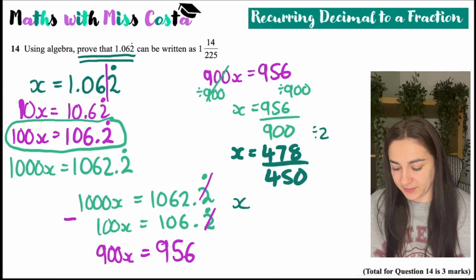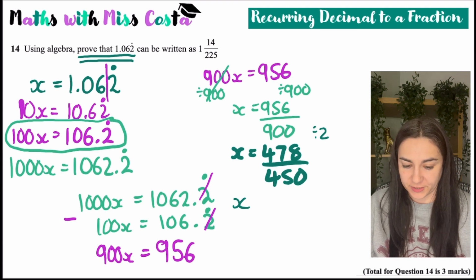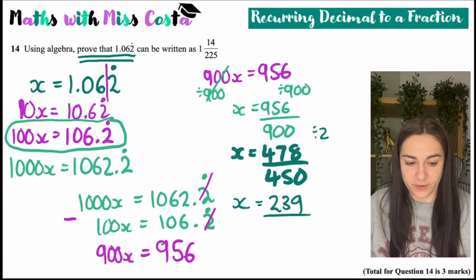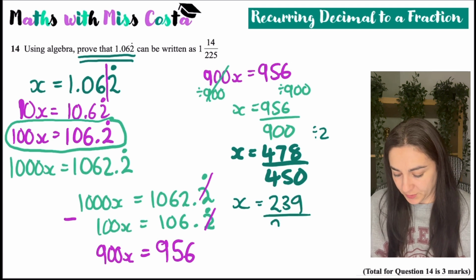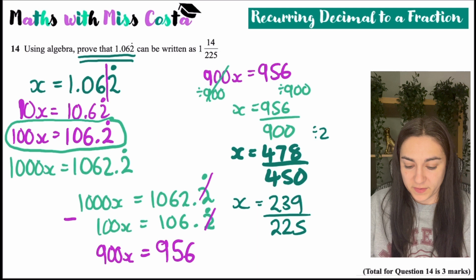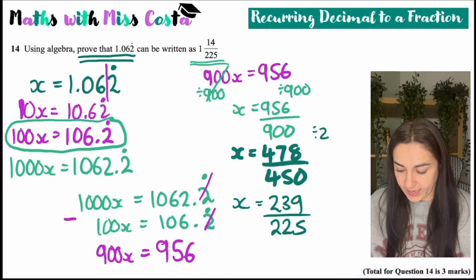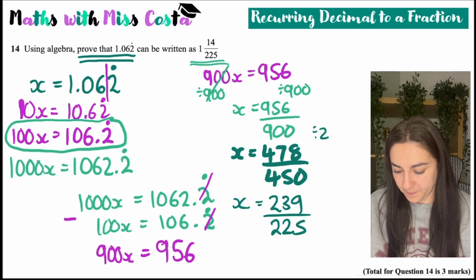So each time I'm just dividing by 2, I'm just simplifying the fraction. 478 divided by 2 is 239, and 450 divided by 2 is 225. So now I've got the denominator that they want me to have over here, and I've got a mixed number.